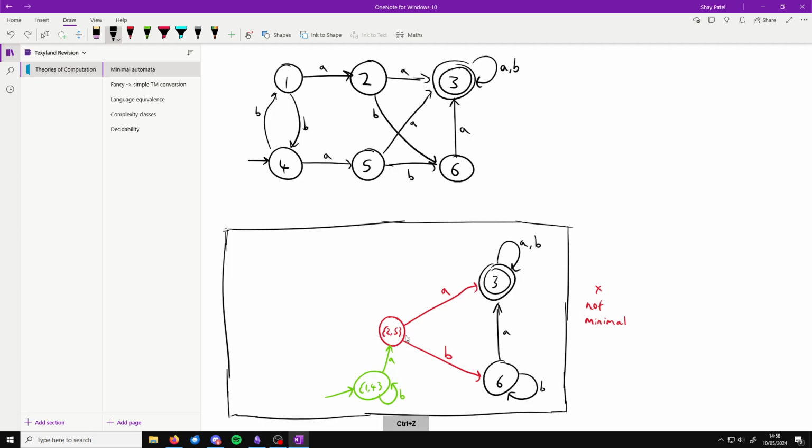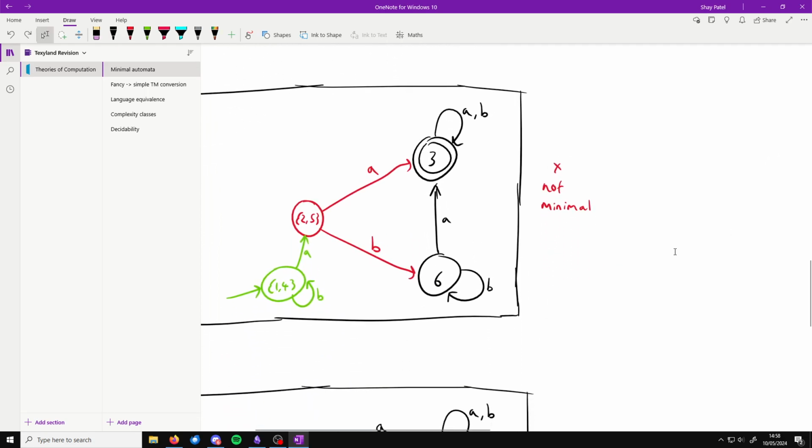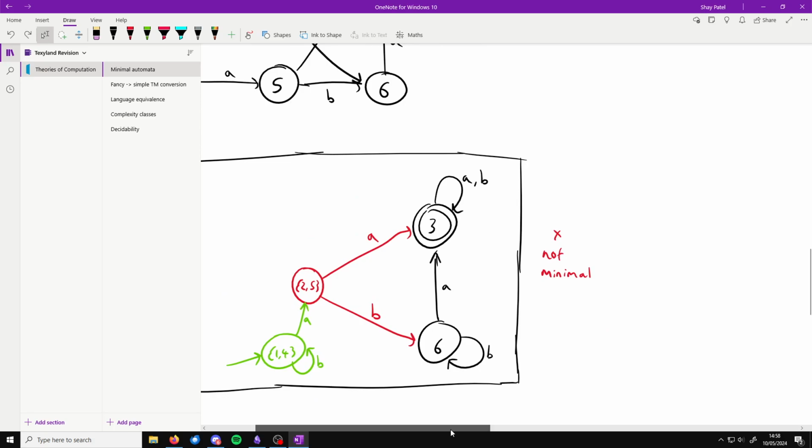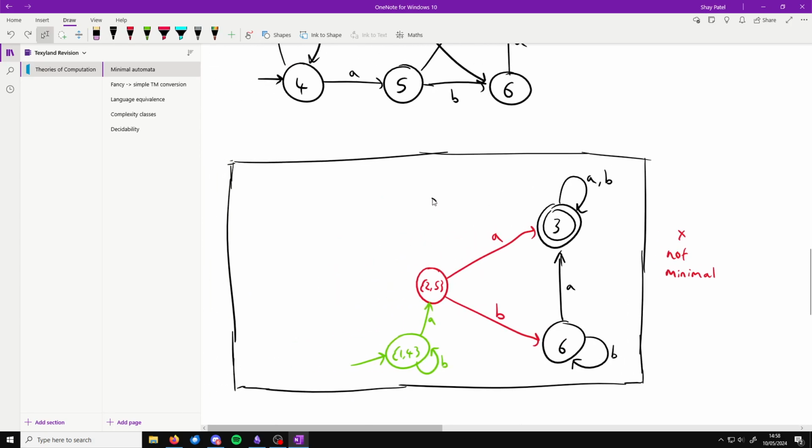So if we wanted to then merge 2, 5, and 6, we'd create a new state, something like 2, 5, 6. You can't get to 6 using A, but that's fine because we just care about what we can accept from there.